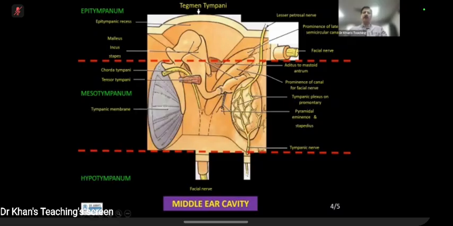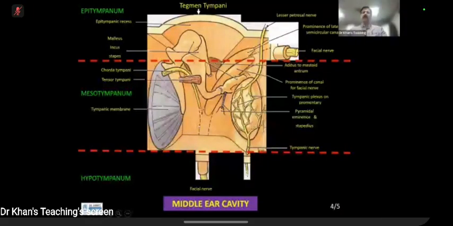How do you divide it? Now, this is the tympanic membrane. If you draw an imaginary line from here to the tympanic portion of the facial nerve, and the lateral semicircular canal will also be at times at the same level, superior to that will be the epitympanum.